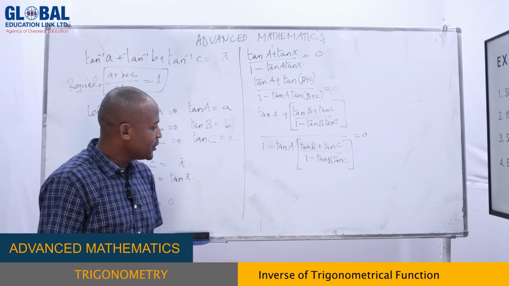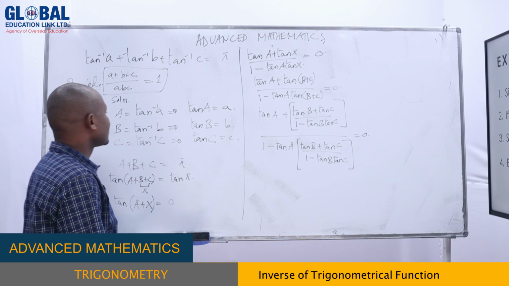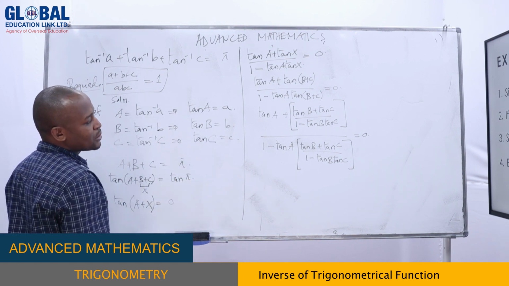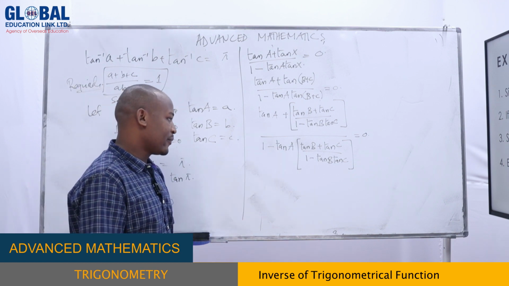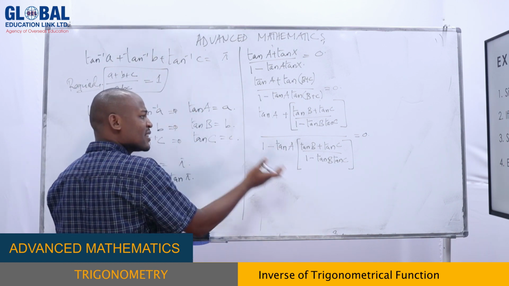So let's use that. We know that tan of A is equal to A, tan of B is equal to B, and tan of C is equal to C. Can we plug those in? You can simplify it first, or you can just plug in and then simplify.